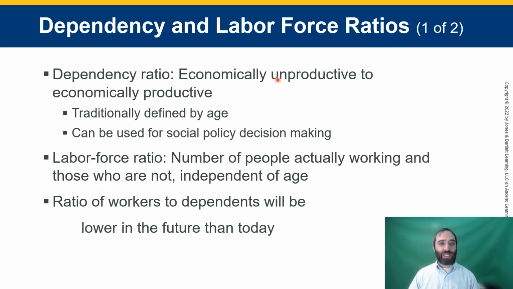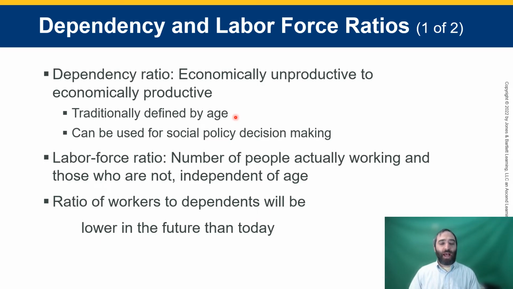And that's okay, because your parents are probably economically productive. So this is traditionally defined by age. They're going to look at younger children, and then at elderly people, and say they're also not economically productive.